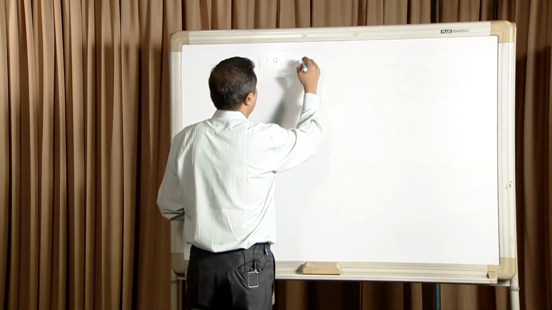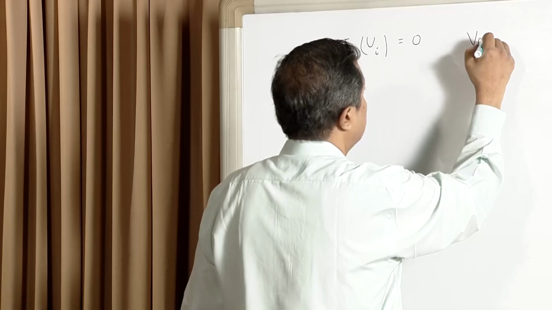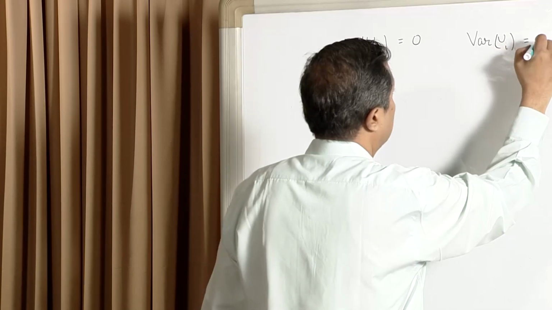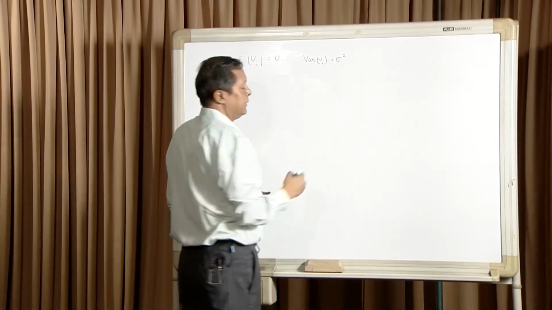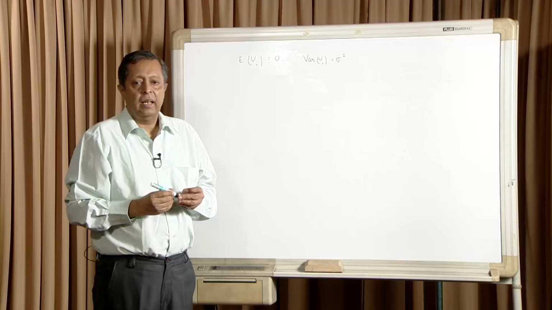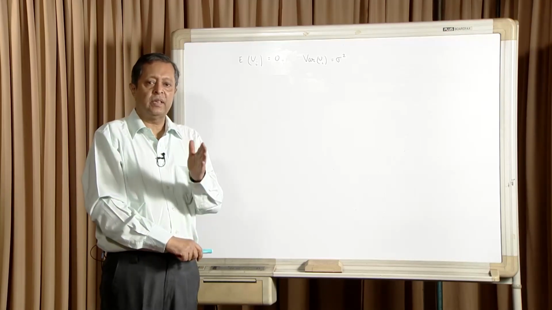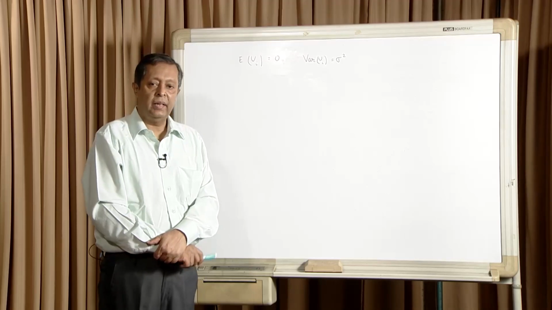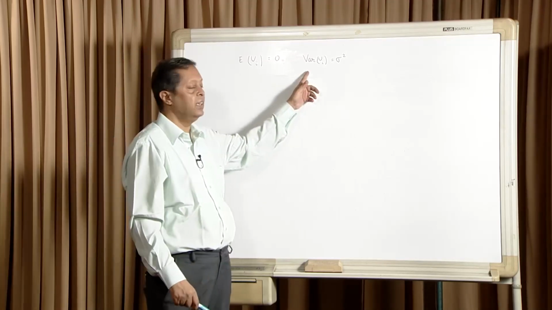Secondly, we have variance of u i is equal to sigma squared. As we have seen, the observations run from 1 to n, but the variance of each of these u i's is the same.